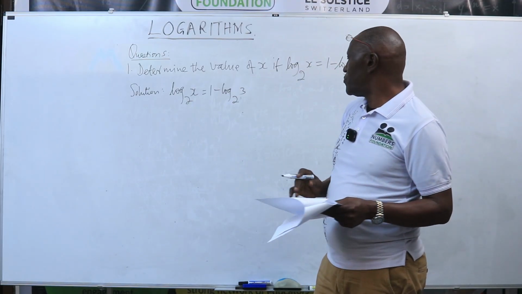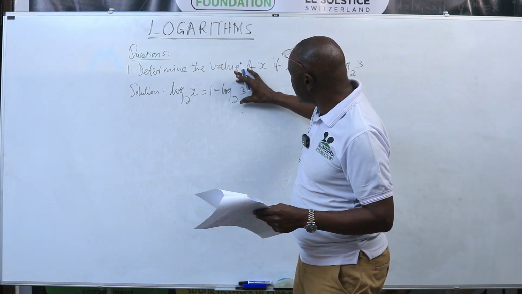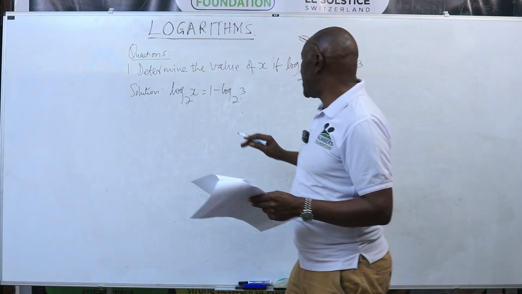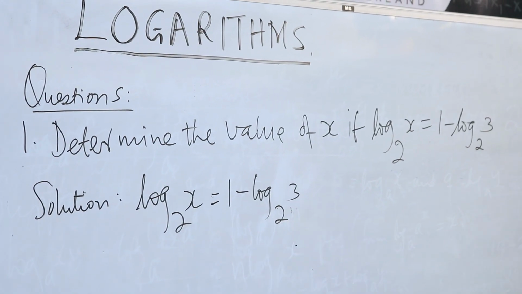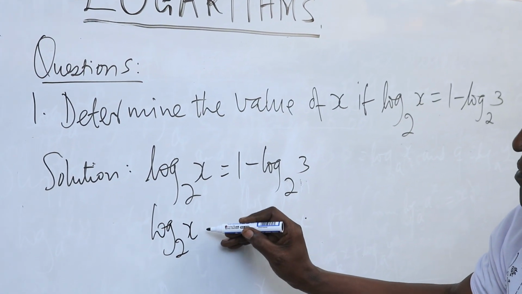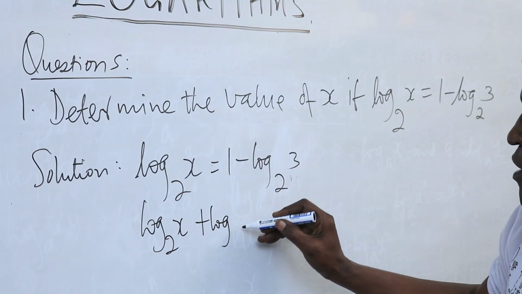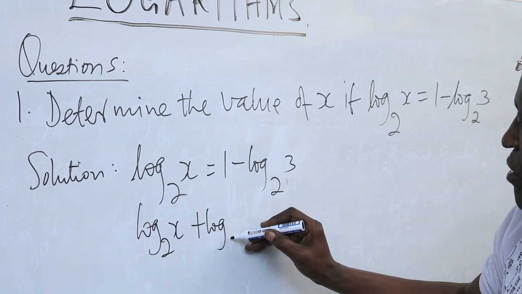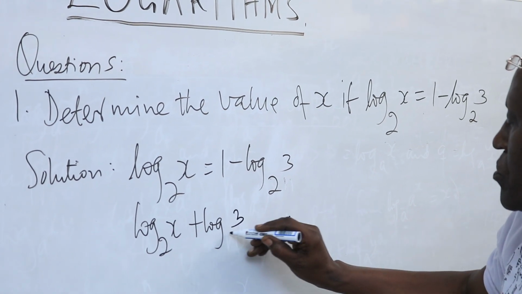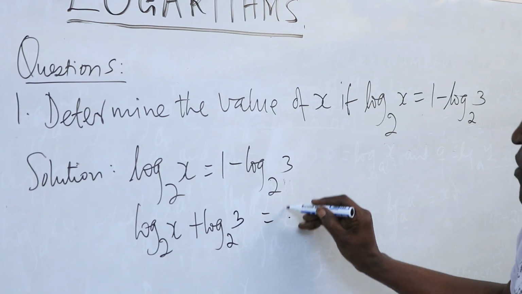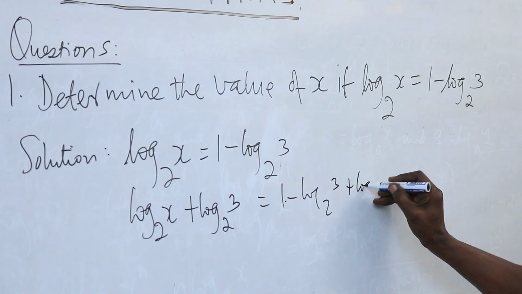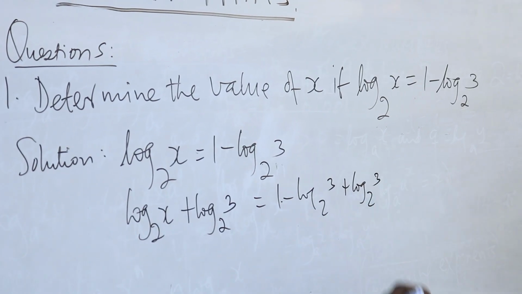Our step here is to combine, or collect, all the terms with logarithm together by adding logarithm 3 base 2 to both sides of the equation to get the logarithm of x base 2 plus the logarithm of 3 base 2. This is the same as 1 minus logarithm 3 plus logarithm 3.